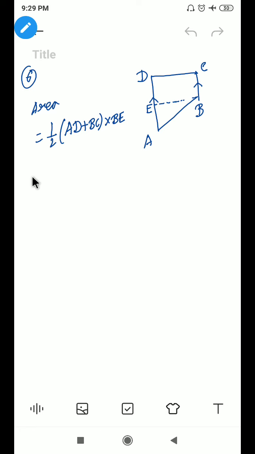Now go to the next one, rhombus. Suppose this is a rhombus. Rhombus means all sides are equal, opposite sides are parallel to each other, and the diagonals perpendicularly bisect each other. So how to find out the area of this rhombus?